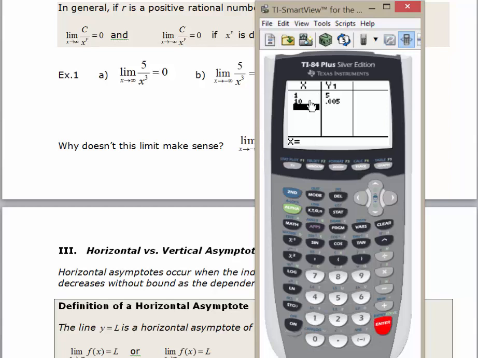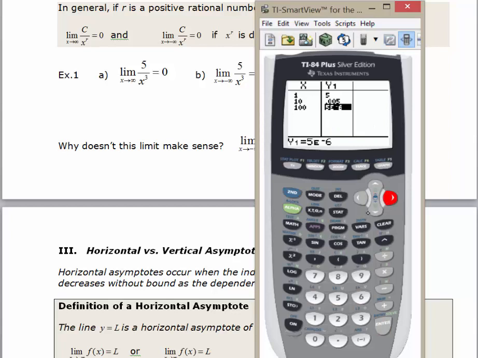If I have 1 over 10 cubed, that's 1 over 1,000. So that is shrinking quickly. If I do 1 over 100 and I hit enter, I'm already at 5 times 10 to the negative 6. That's a decimal point with 5 zeros.